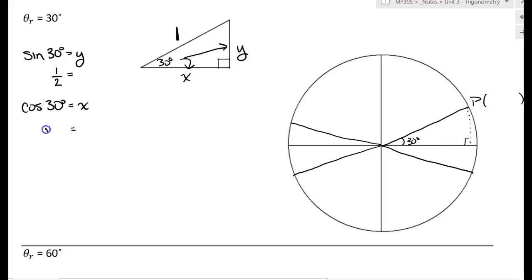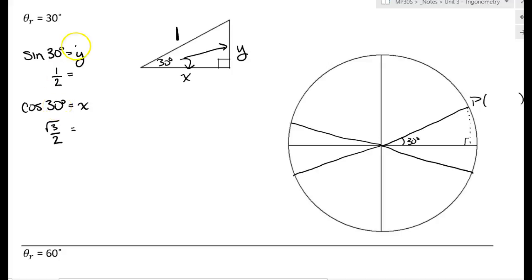But in actuality, what it is equal to is root 3 over 2. Now we could get into where that comes from, and we could see by using the Pythagorean theorem, but I'm not going to prove that. You can test it out on your own if you'd like, though.